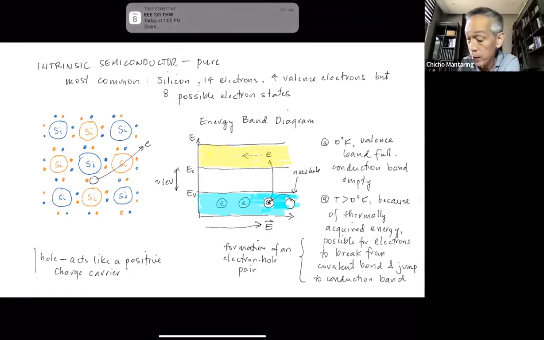So the important takeaway here is your hole acts like a positive charge carrier. In the presence of an electric field, your hole will move in the direction of the electric field. And as your hole moves, the atom to which the hole belongs becomes net positively charged. And that's why it acts like a positive charge carrier.